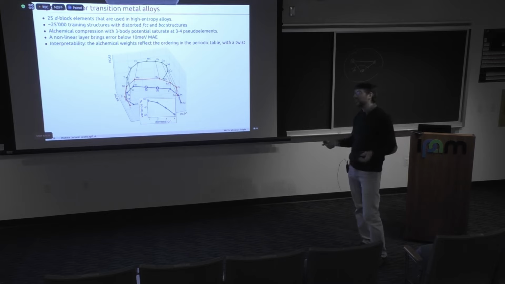The model, I mean, it's not perfect, the accuracy decreases, but you can basically run simulations that contain rhenium and osmium and are very reasonable, even though we have never trained on something that contains rhenium and osmium.